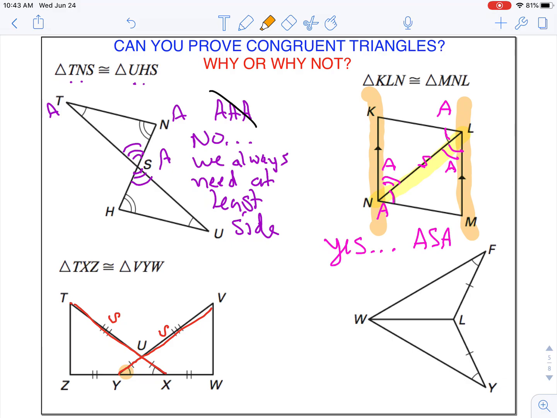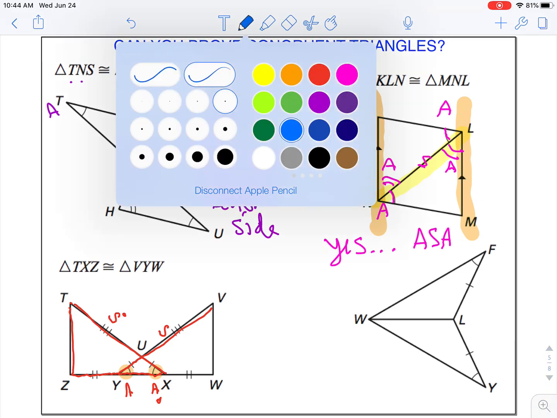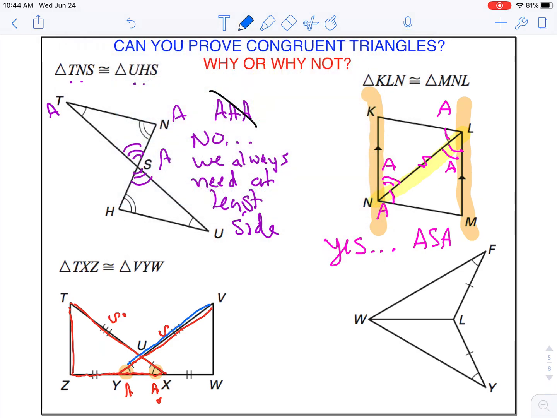So in this red triangle, we have this angle and this side, and I'm going to highlight the other triangle in blue. In it, we have this side and this angle. So far we have an angle and a side, but we don't have anything else marked.